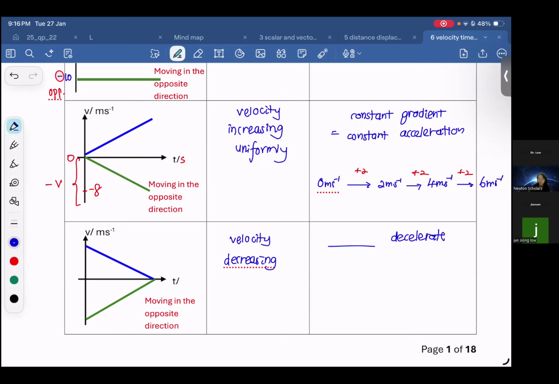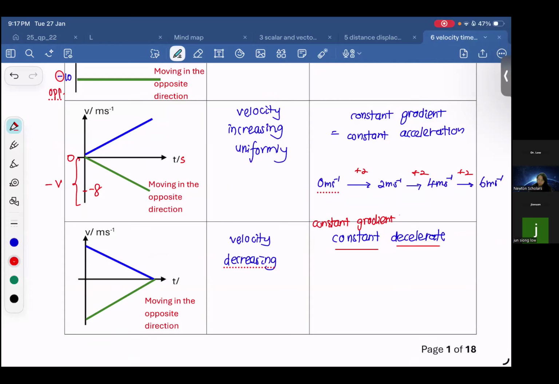Is your gradient constant, increasing or decreasing? Constant. So here we have constant deceleration, because this part has constant gradient. A negative gradient shows deceleration. Negative means deceleration.